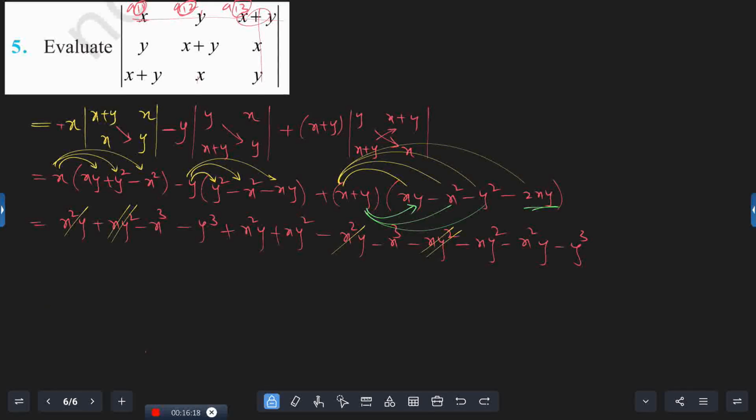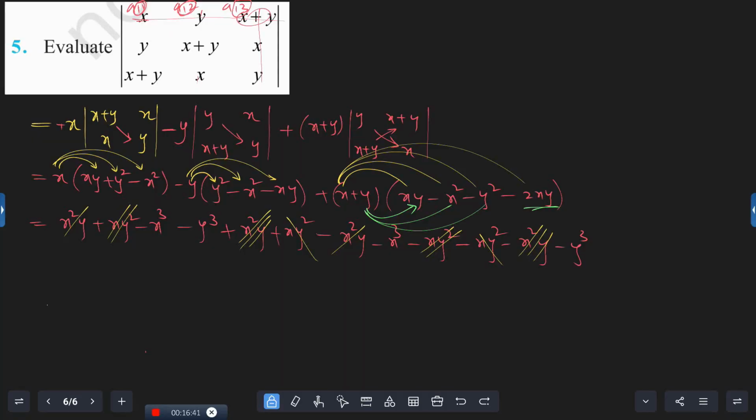Single line, double line I'm giving for strike out. You people also use the same idea, okay. And x square y, here we have x square y triple line. In the same manner, opposite manner, I'm giving the slash one time.